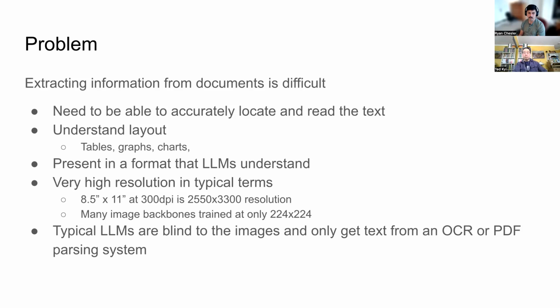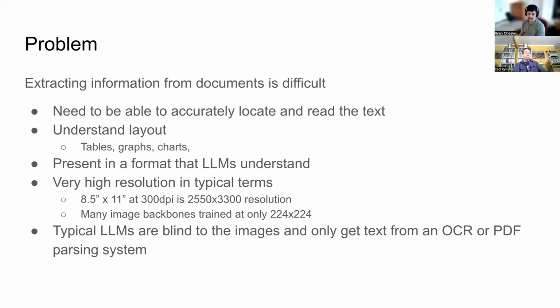One of the big difficulties with documents specifically is that the resolution is typically so high, and you need it to be high in order to capture all of the words. If you have a little image, like in ImageNet and all of those different data sets, they're actually fairly low resolution. A lot of people would train on something like 224 by 224, but that's just not reasonable to do with documents because you need to see all of the fine-grained little details in order to read the text.